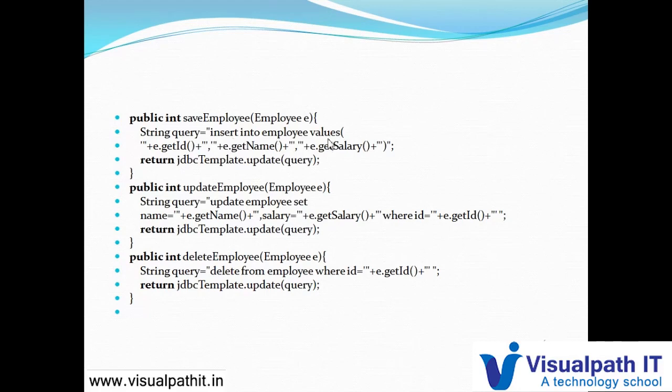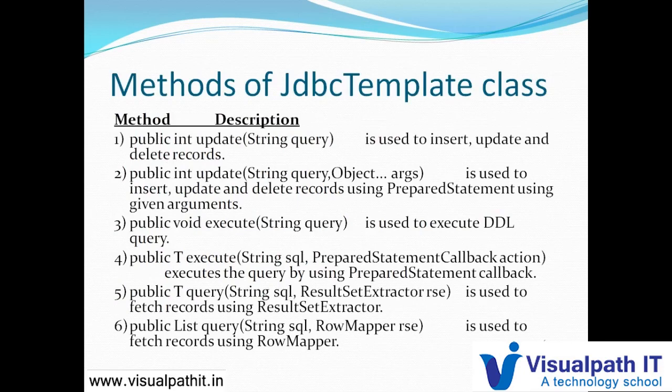Insert into employee values ID, name, salary; update the employee table, set the name, salary and ID; and delete from the employee table where the particular ID is equal to .getId. Here we are using getId, and along with that, for every statement we are returning the updated value of the query update.